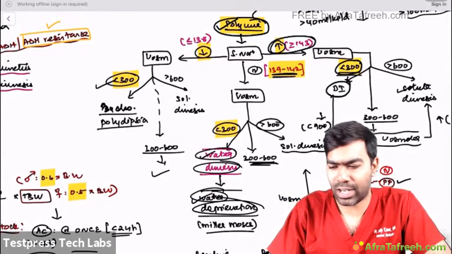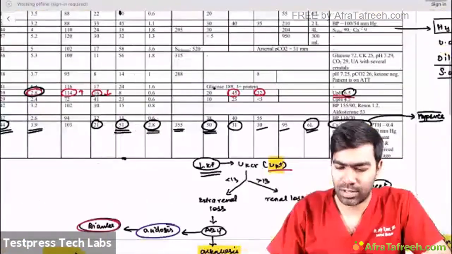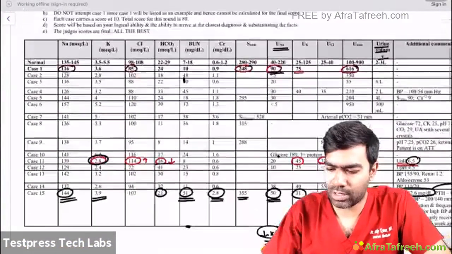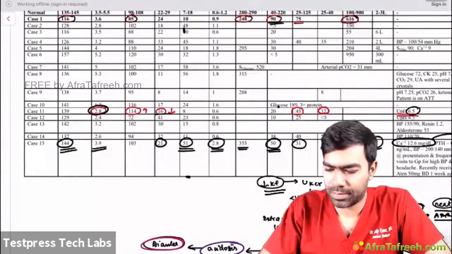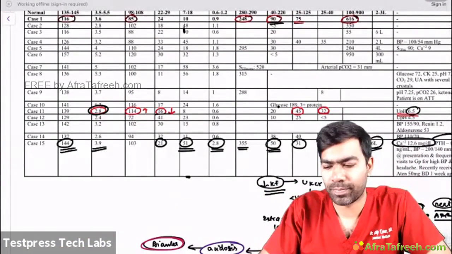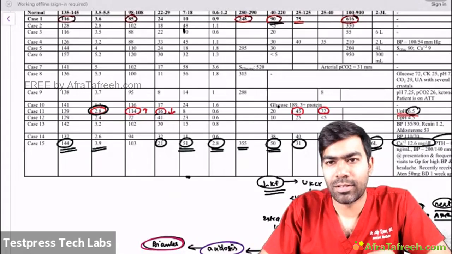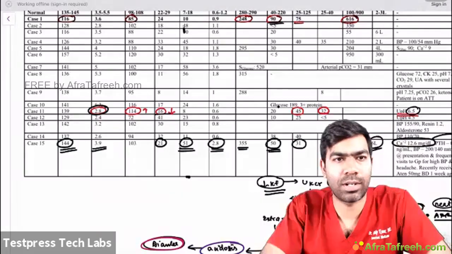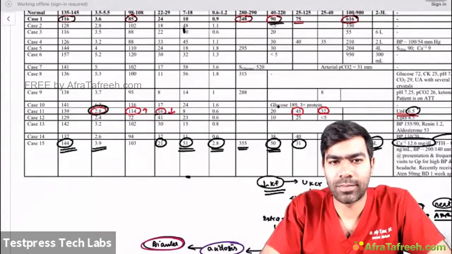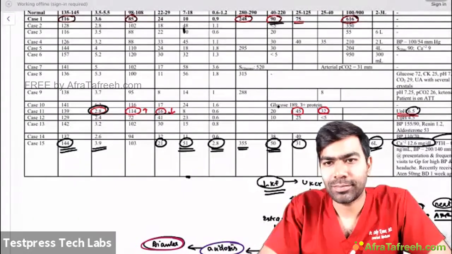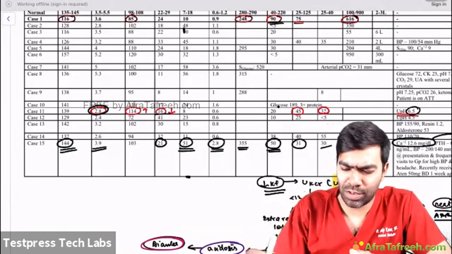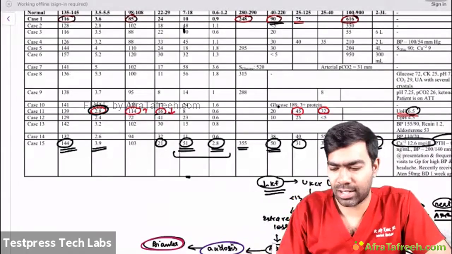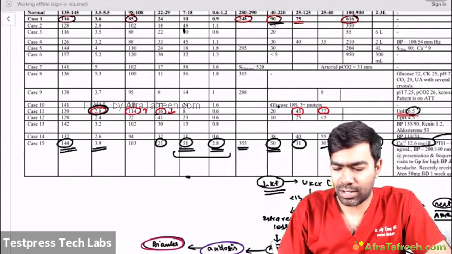All right. So what kind of diabetes insipidus should it be? See the values and tell, nephrogenic or central. Yes, of course, this patient is having nephrogenic because I'm having a high creatinine and high blood urea nitrogen.